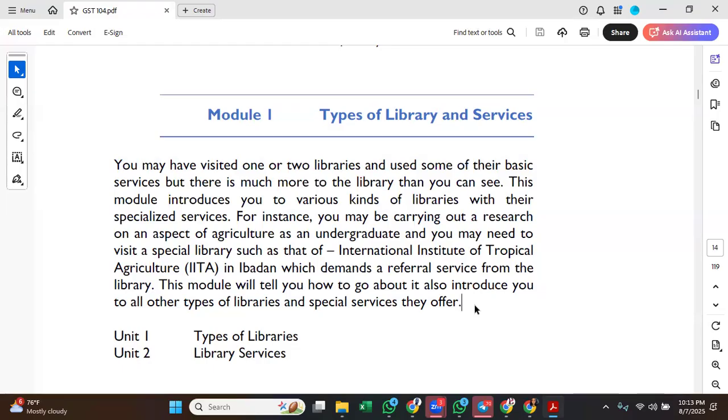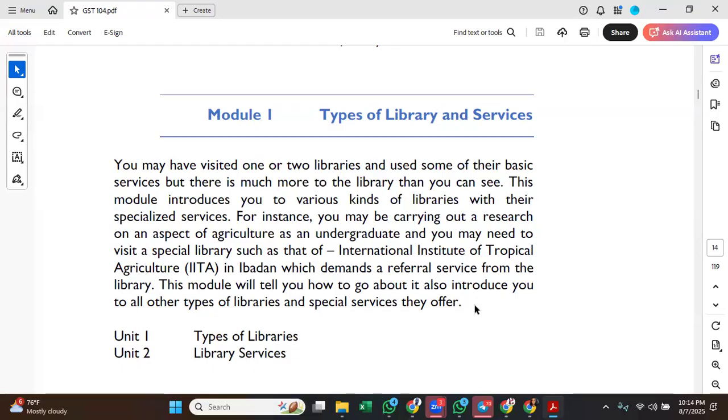They are just trying to give you some hints that there are some libraries you don't just go to for the sake of it, like you want to borrow a book and they lend you the book just like that. It's not done so in some libraries. Some libraries require a referral service. That means you must be referred to them by another library before they will answer you, before they will even allow you to access their resources.